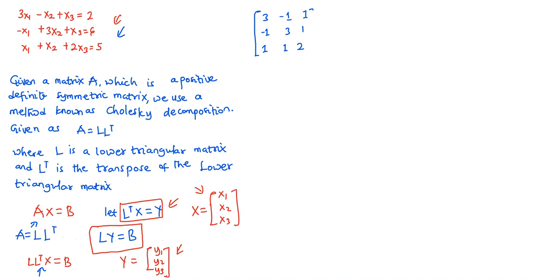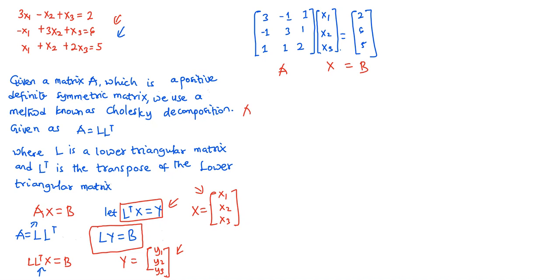For the x vector, you're going to have x1, x2, and x3, and for the right hand side, which is b, you have 2, 6, 5. So this is our A, this is our x, and this is our b.